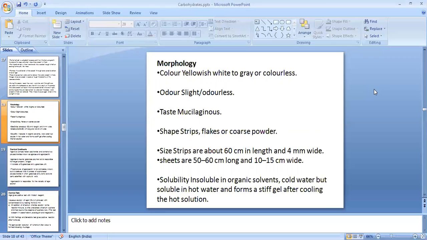The strips are around 60 centimeters in length and 4 millimeters in width, whereas the sheets are 50 to 60 centimeters long and 10 to 15 centimeters wide. As for solubility, agar is insoluble in organic solvents and cold water, but soluble in hot water. When the agar solution in hot water is cooled, it forms a stiff gel.